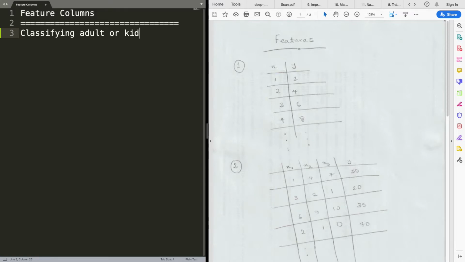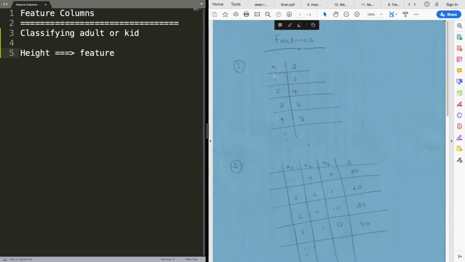If that is the problem definition, something very intuitive would be to use height. If you look at the height as the feature, it's easy for you to classify the adult from a kid.